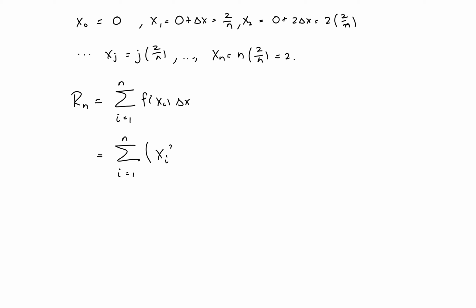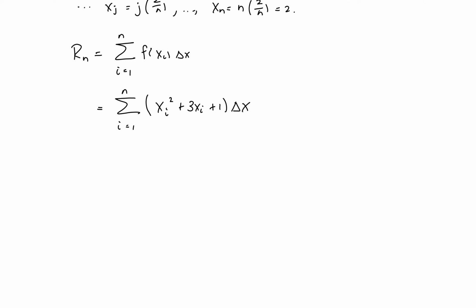So this should be xi squared plus 3xi plus 1 times delta x. And now we'll use what these xi's are. So xi, remember, is i times 2 over n, plus 3 times i times 2 over n, plus 1. And then remember, our delta x is 2 over n.